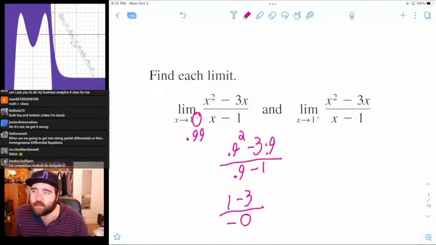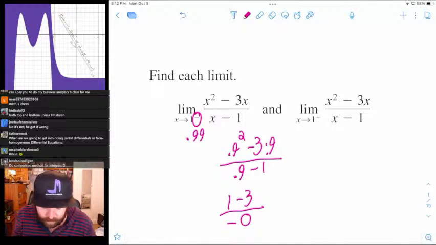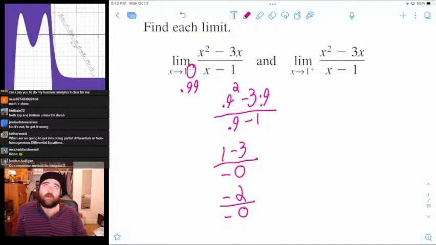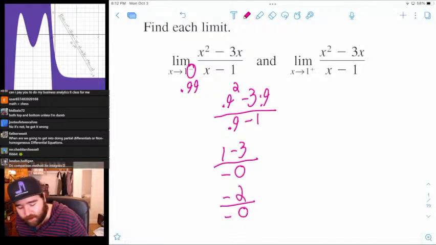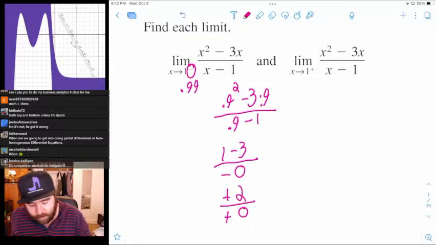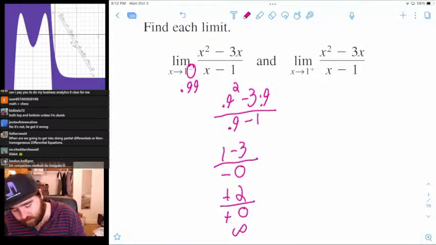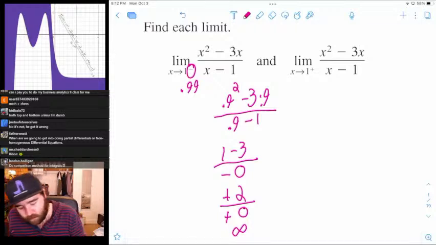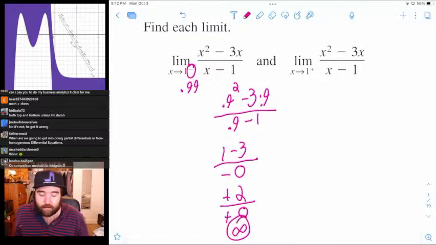Remember, all of this is just in terms of basically, but that's kind of how it works at infinity. So we have basically negative 2 over negative basically 0. The negative divided by negative will cancel out, and 2 divided by a really small number is positive infinity. So as it approaches 1 from the left, it'll be positive infinity.